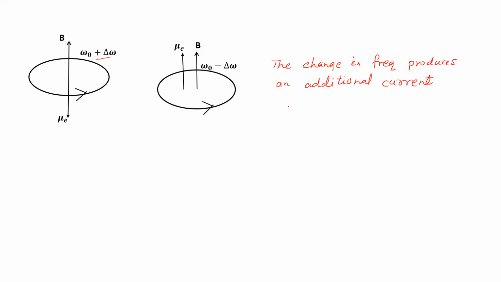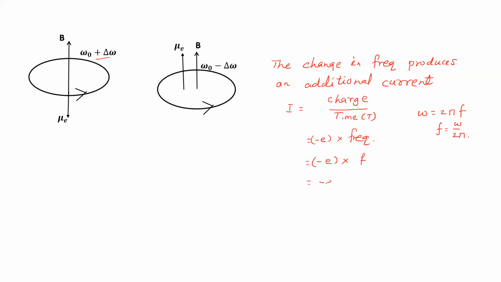That current I is obviously given as charge divided by time, the periodic time. Now here the charge of the electron is minus e, and 1 upon T is nothing but the frequency of revolution. So we can write this as minus e into this frequency, F. But we know that omega is equal to 2 pi F, therefore F is equal to omega divided by 2 pi.